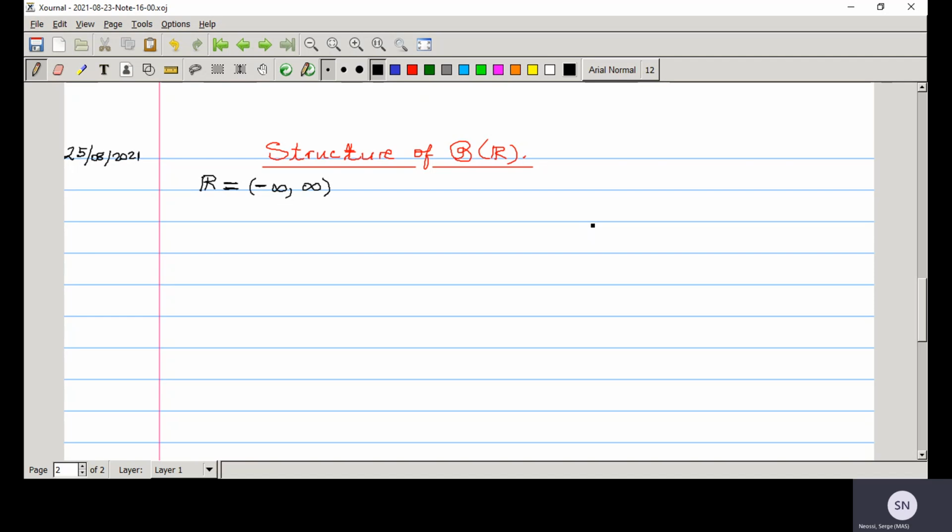Now the next thing that we are going to do is to define what we understand by this BR. If you recall, it was said that in a general setting, a Borel sigma algebra is for a topological space, right?